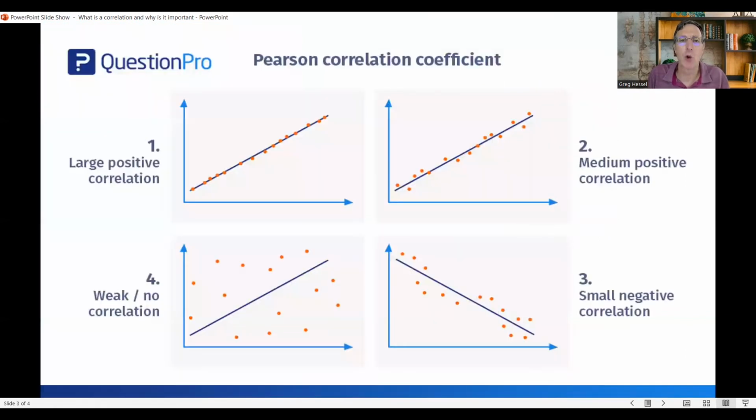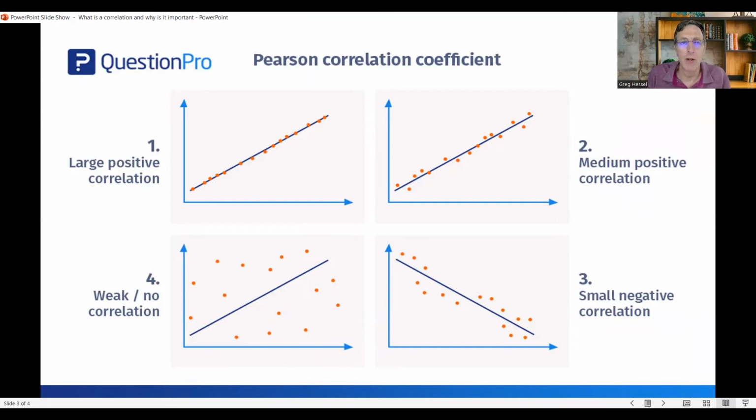So what is a correlation? A correlation is a number between 1 and -1, and it measures the degree to which two different variables are related. Think of example number 1. On the vertical is one variable score, say likelihood to recommend the organization, and on the horizontal is another variable.